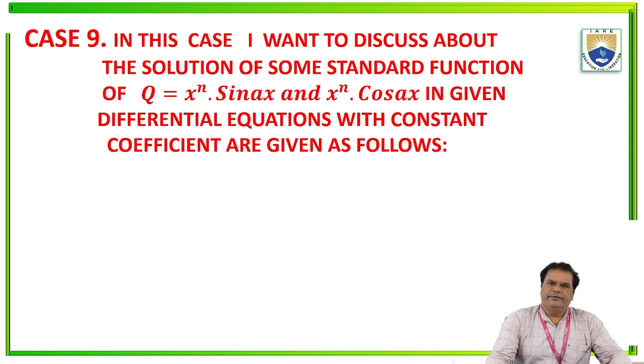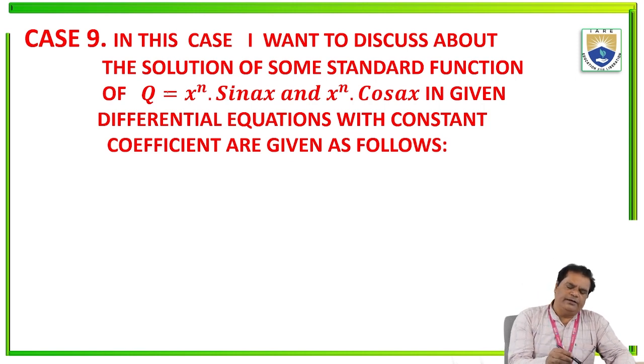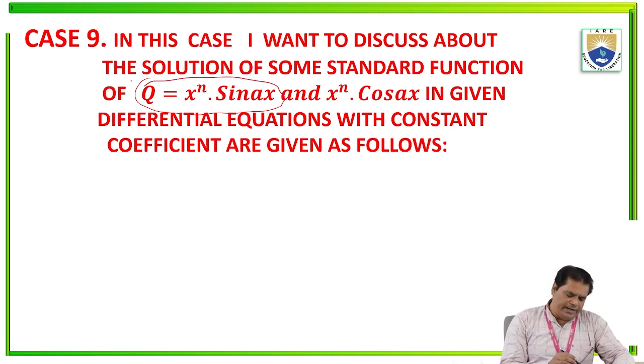In case 9, I want to discuss the solution for some standard functions of Q, equal to x to the power n into sin ax and x to the power n into cos ax.